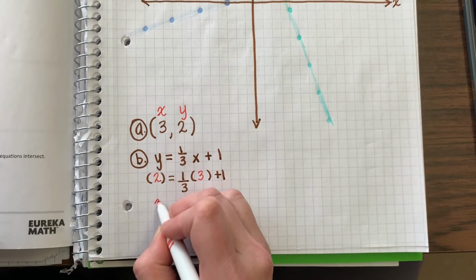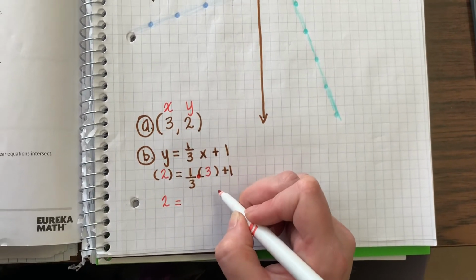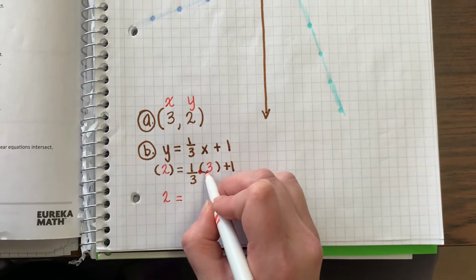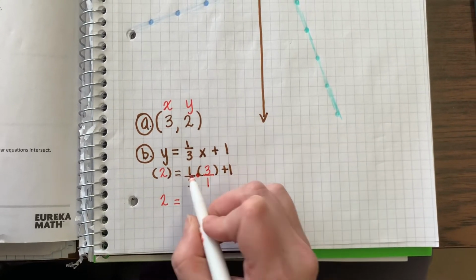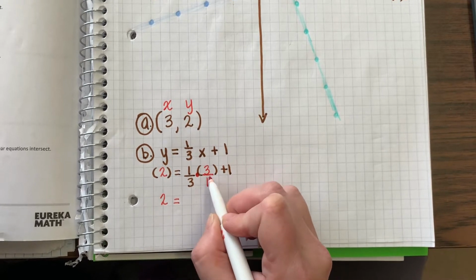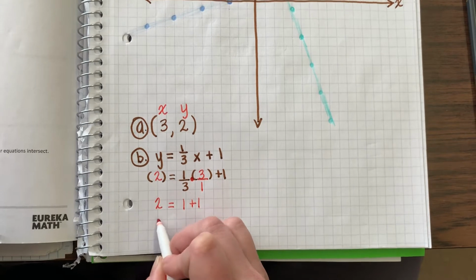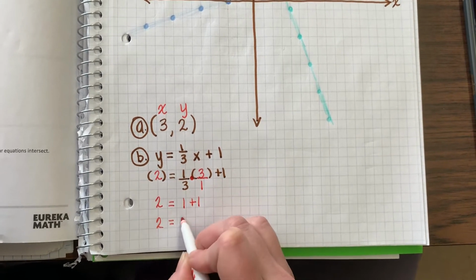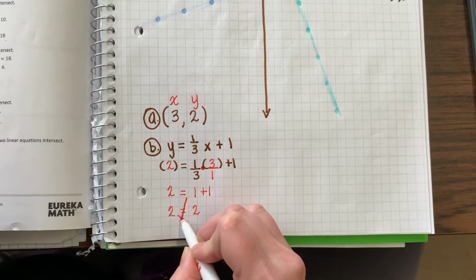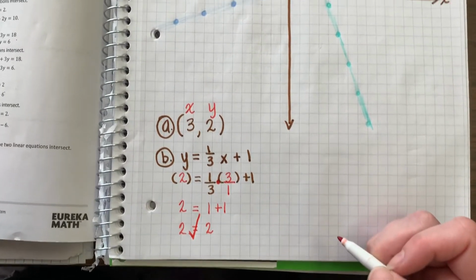That leaves me with 2 equals 1/3 times the whole number 3. To make it into a fraction, I need to put it over a 1. 1 times 3 is 3. 3 times 1 is 3. 3 divided by 3 is 1. So I get 1 plus 1. 1 plus 1 is 2. So 2 does equal 2. So I verified that this ordered pair does work for this equation.